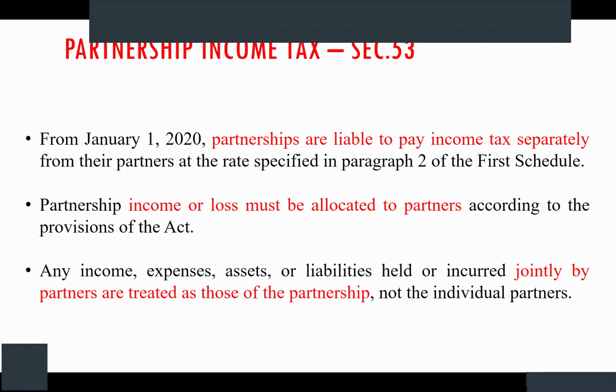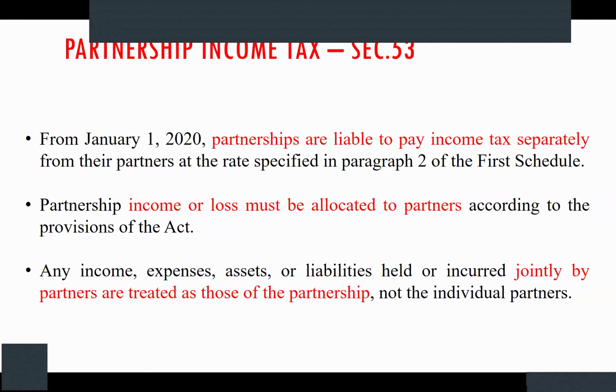After paying those taxes, the partnership's share of profit should be allocated to the partners. There may be 2 or more partners, so we have to allocate that partnership profit or loss to those partners.